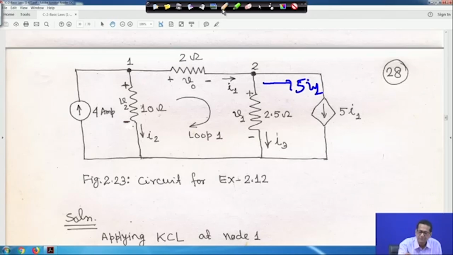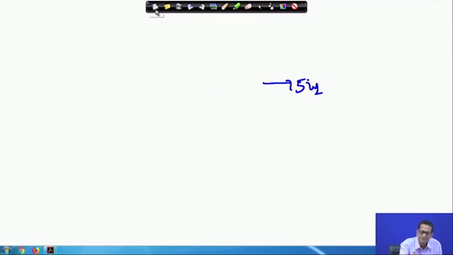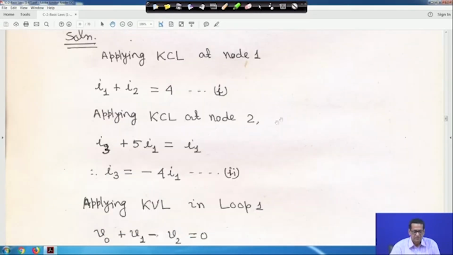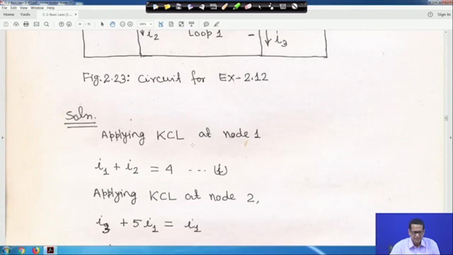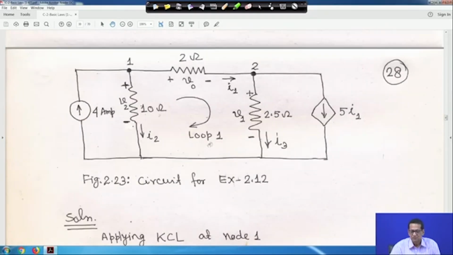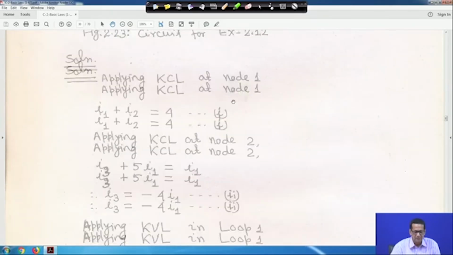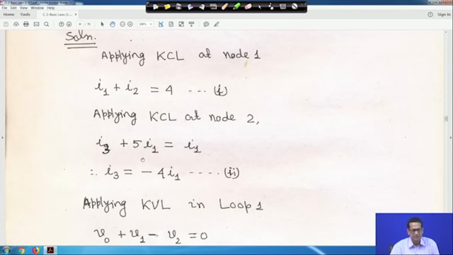Let me clean it first. So, I3 plus 5 I1, both are outgoing currents, is equal to I1. So I1 is equal to I3 plus 5 I1, or I3 is equal to minus 4 I1.